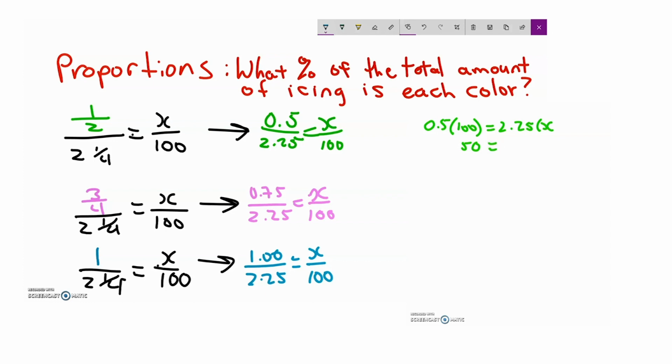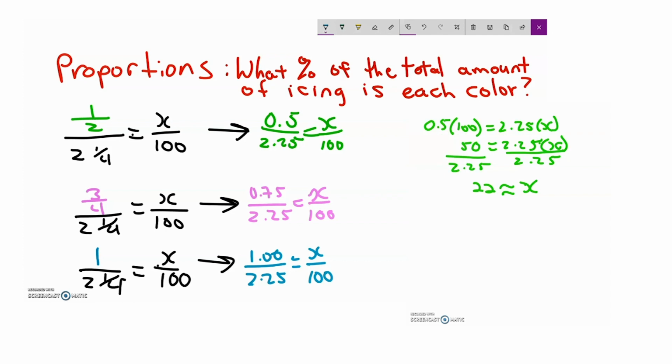So 50 is equal to 2.25 times x. Divide both sides by 2.25 to get the percent of frosting that is green. So 22 over 100 is equal to 22%. So x is equal to 22.